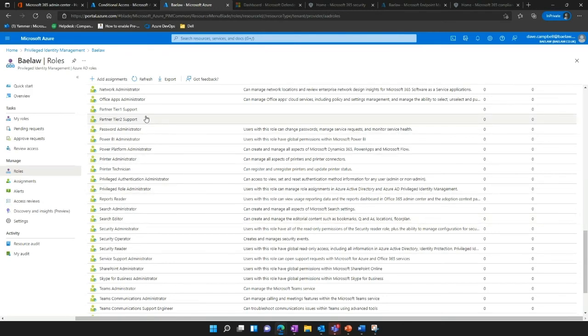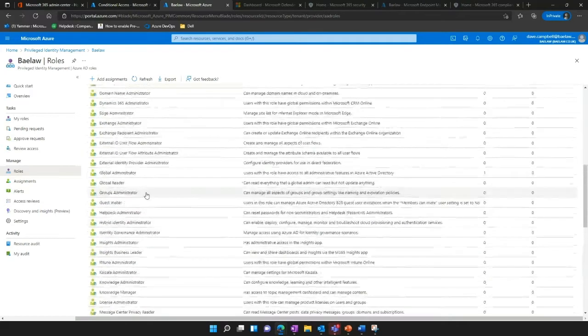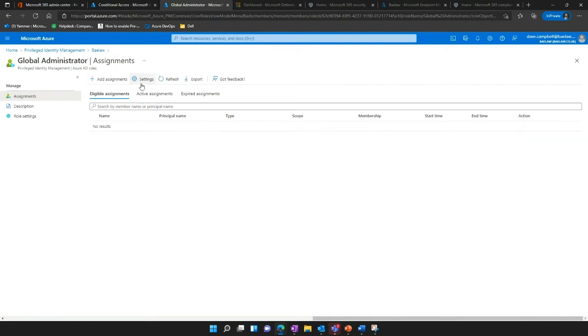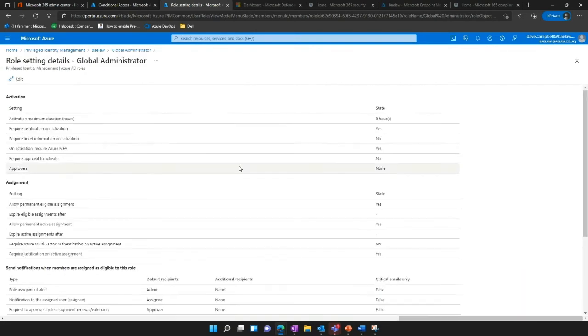What you would do is configure the settings for the role. So if I select global administrator, for example, and look at the settings here, you can define the settings per role: how long a person can have that role active for, whether it requires justification, and whether it requires approval before they activate it.